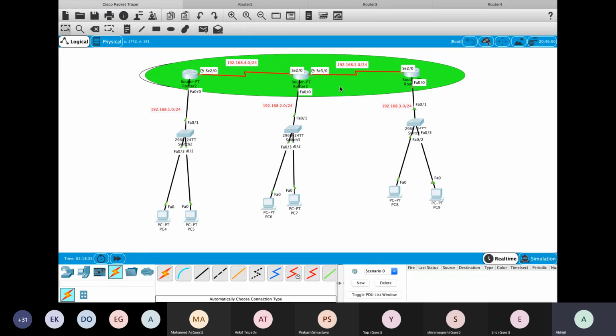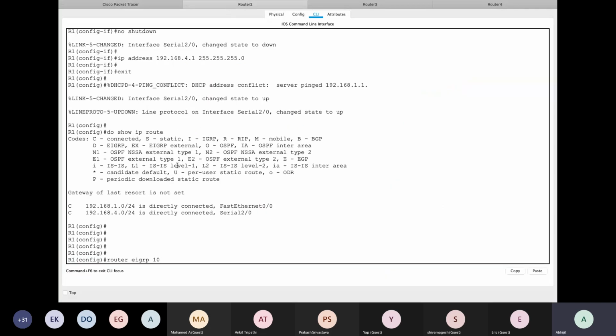Yeah, there you go. I hope my screen is back. So this is the topology that we have, right? R1, R2, and R3. And we are going to create an EIGRP domain here on R1, R2, and R3, which is going to be EIGRP number 10. That's going to be the autonomous system number that we have.